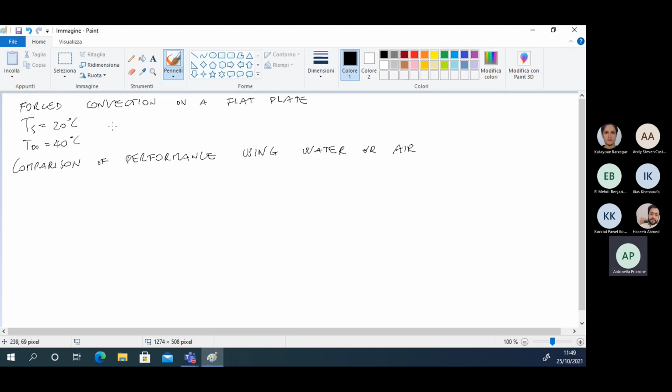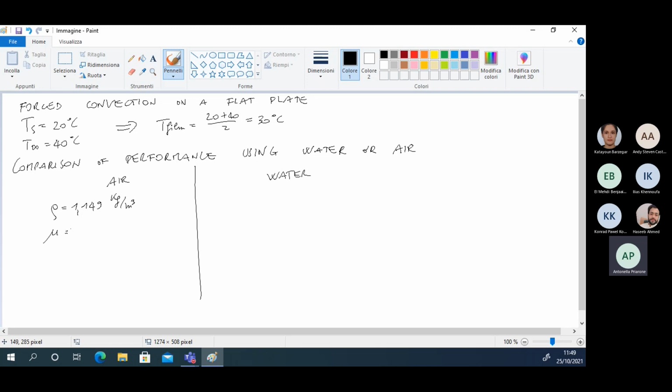I evaluate at the beginning the film temperature. The film temperature is an average of the two values, 20 plus 40 divided by 2, equal to 30 Celsius degrees. And I estimate the thermophysical properties for the two fluids. For air, density is equal to 1.149 kilogram per cubic meter.